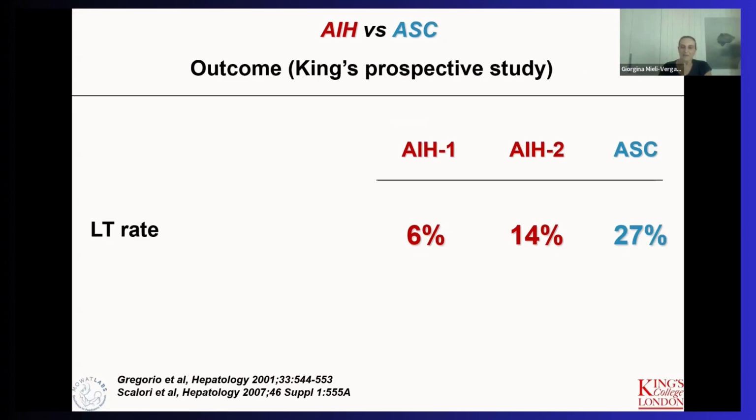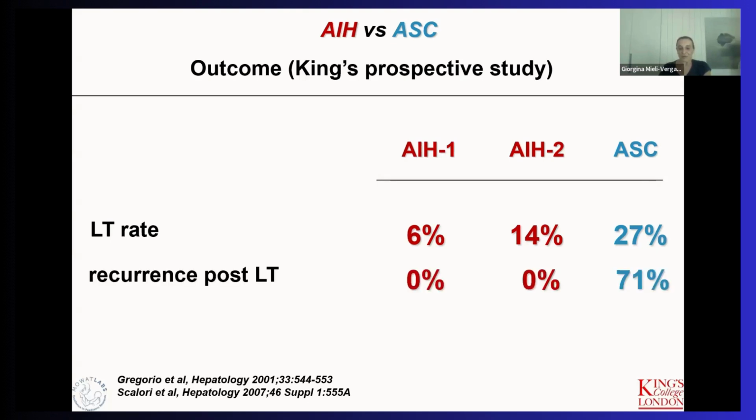The transplant rate was 6% in autoimmune hepatitis 1, 14% in autoimmune hepatitis 2. Don't forget that autoimmune hepatitis 2 can present with fulminant hepatitis more often, before the children can be transplanted at presentation, and 27% in autoimmune sclerosing cholangitis. So it was definitely higher for autoimmune sclerosing cholangitis.